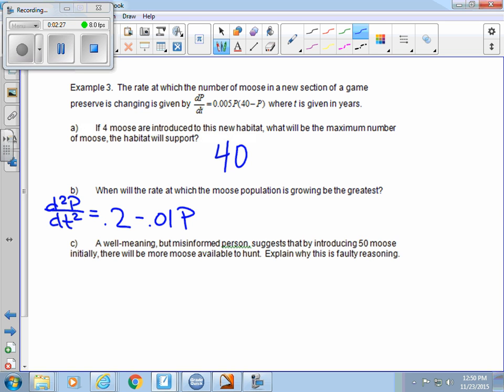Any questions so far? Set that equal to 0. And so you add the 0.1 over.